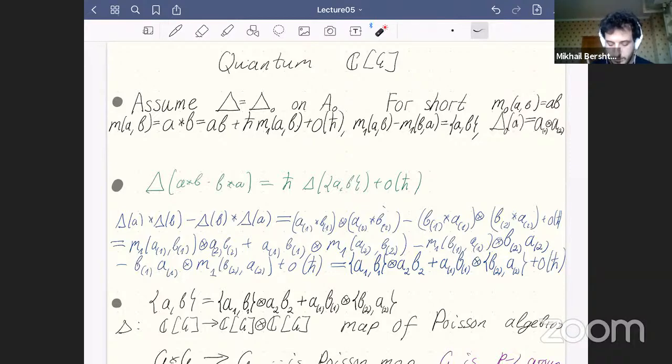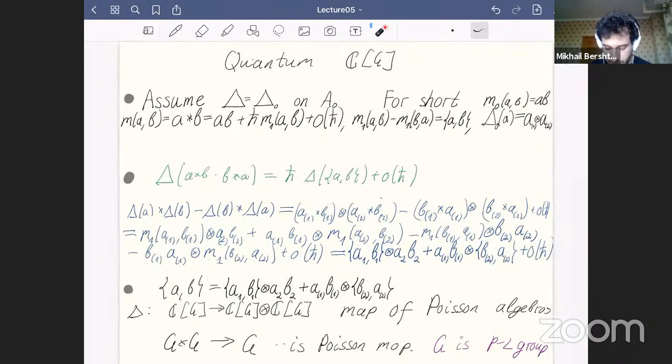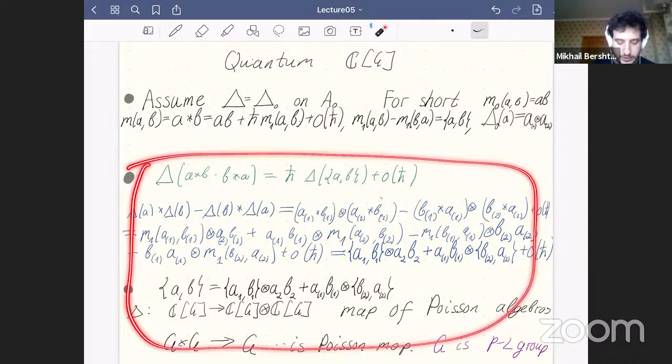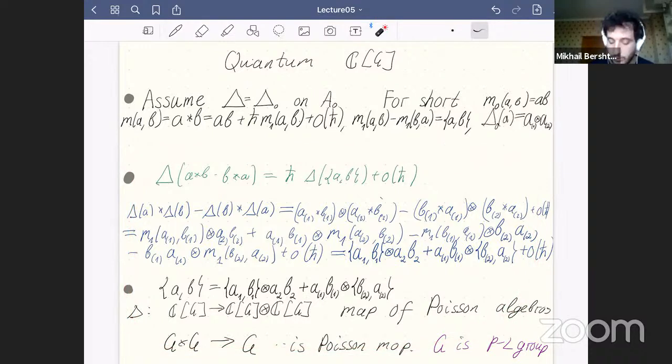Okay, then you see that I have prepared many formulas here. So assume that delta is equal to delta zero, and we will do some computation slowly, I hope. But let's prepare some notation. For simplicity, I will not write M0 for the product in the algebra A0, I just write the product AB.